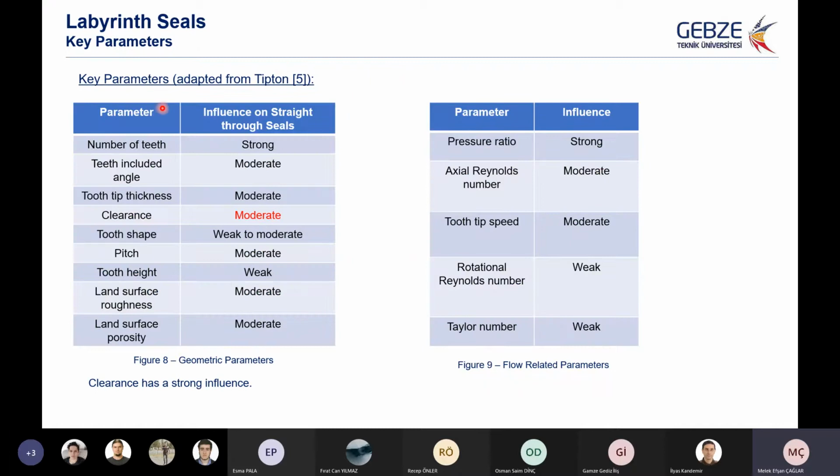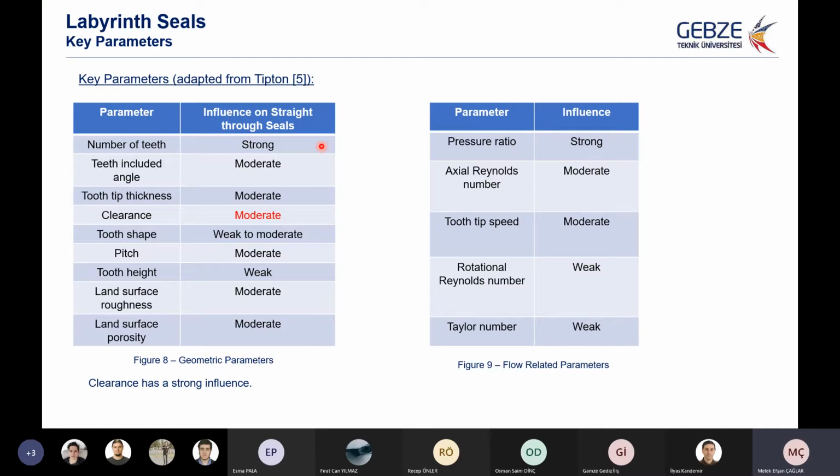So this is an important table from the literature, from Tipton, on key parameters. As you can see, both geometric parameters and flow-related parameters have different types of influence on seal leakage, and knowledge of this will make our designs better.